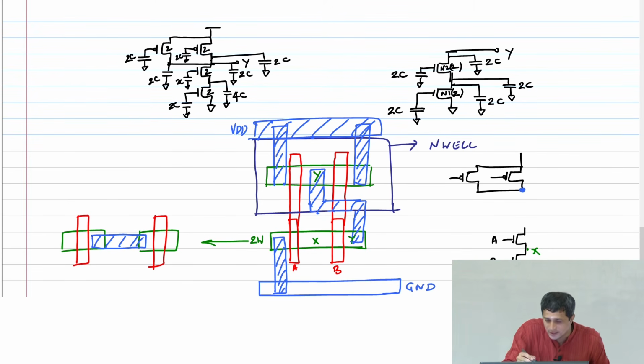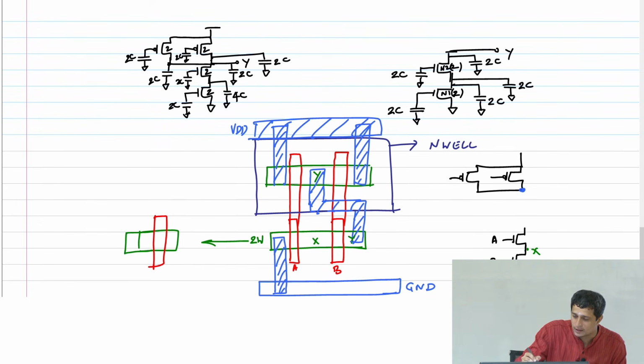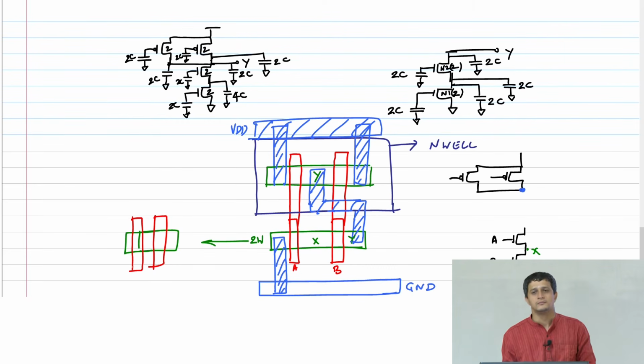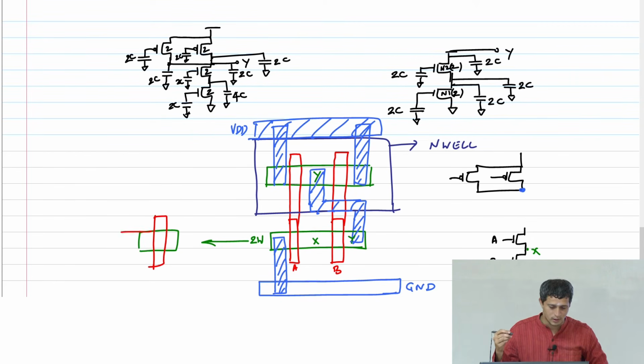Therefore, I can simply remove this whole metal thing and move the transistor as close as I can and draw my gate.